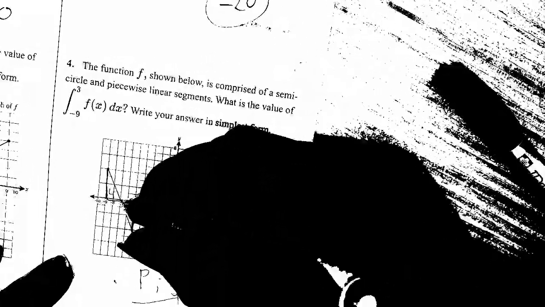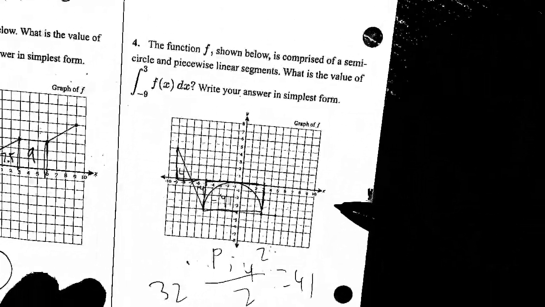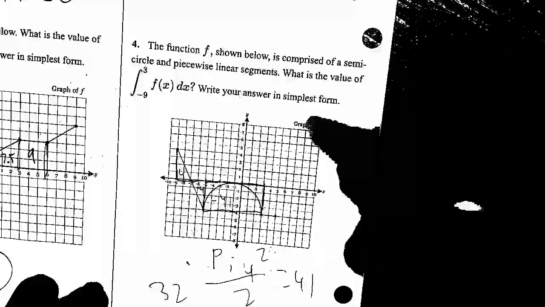I went through this little part here, right? I think it's the same thing. 1, 2, 3, 4. This one's negative 4. Good. And then let's see. 1, 2, 3, 4, 5, 6, 7, 8. 4 times 8 is 32. And then we have to subtract.